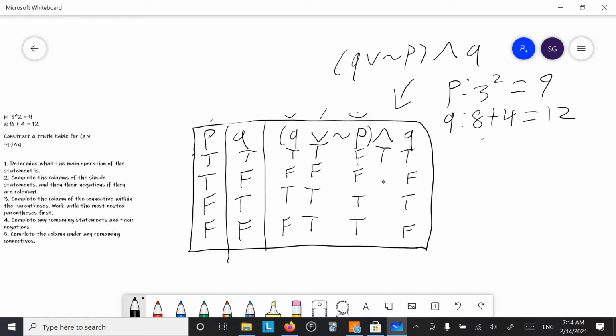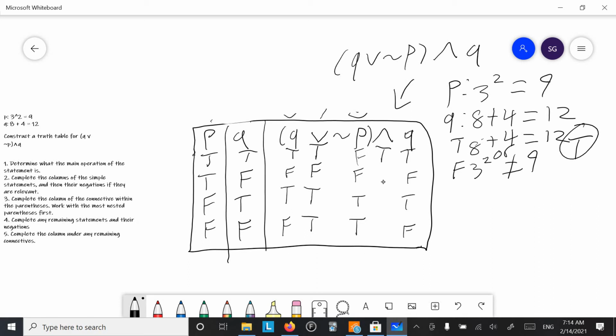So 8 plus 4 equals 12 is a true statement, so that doesn't change. But the negation of P is a false statement, so 3 squared does not equal 9, so this is false. But remember, as a disjunction, only one of them needs to be true for the compound statement to be true. So this entire thing is true.